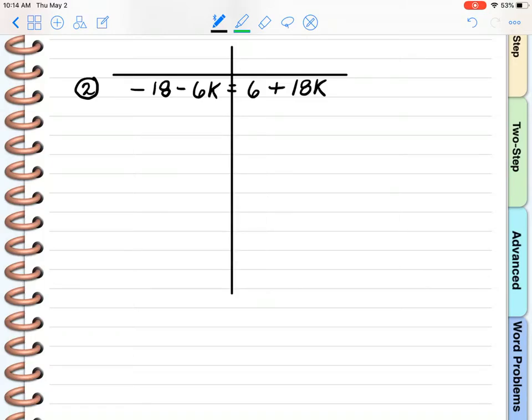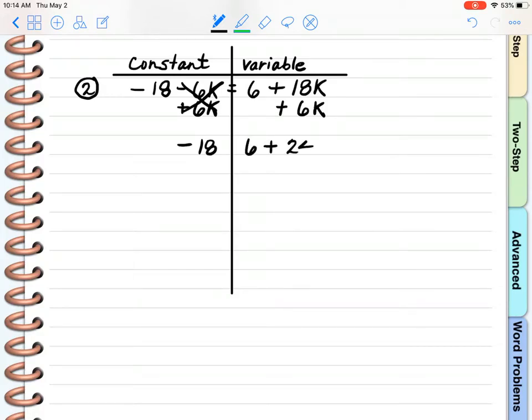Okay, so I have a negative 6k and an 18k. This is the bigger one. And constant will be your other side. I'm going to move the positive 6k over to the negative 6k by making it a positive. Okay.